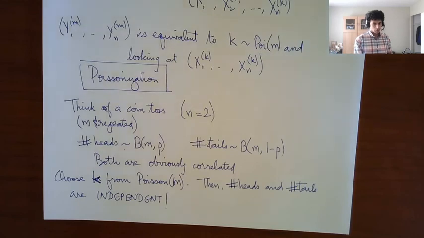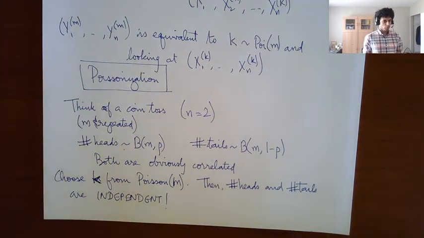And that is remarkable. It says that if you first decided how many coin tosses to do from a Poisson distribution, and then you look at the number of heads and the number of tails you get, then these are actually independently distributed as Poissons. This is extremely helpful for the analysis, but when you think of it in this extreme case, it seems almost magical.